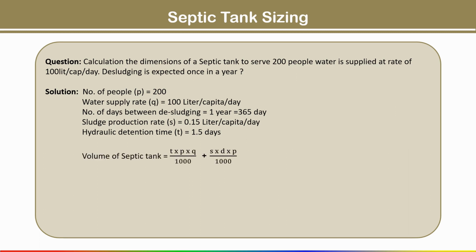Now to find the volume of the septic tank, we have a formula. What is the formula? Volume of septic tank is equal to volume of sediment plus volume of sludge.